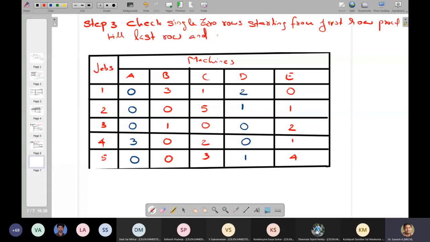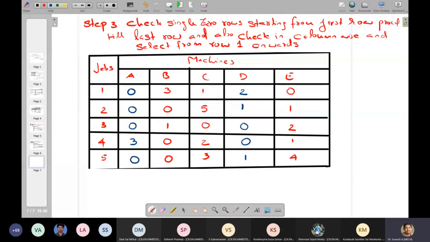And also check column-wise, and select from row 1 onwards.